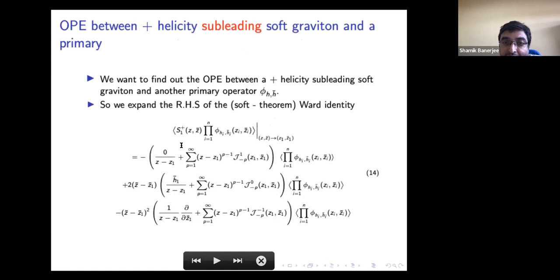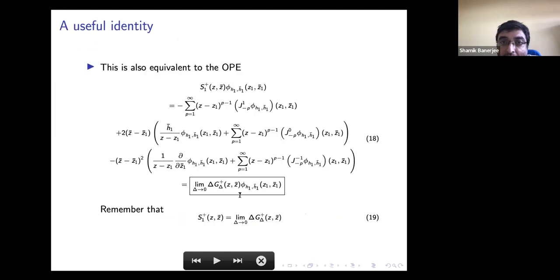Now, so this equation 14, as we take this z bar close to z1 bar, this can be equivalently written in the form of this OPE. So this is the OPE of the subleading soft graviton and the phi, and it has this form.